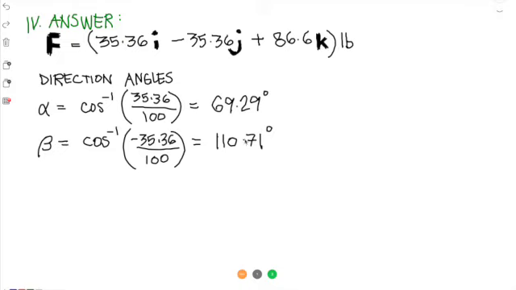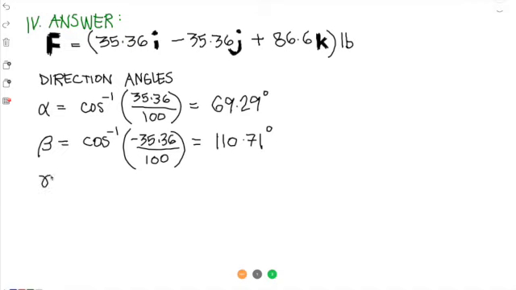Okay, so as you can see here, your direction angle will be more than 90 degrees if your component has a negative sign. If it's positive, it will be less than 90 degrees.